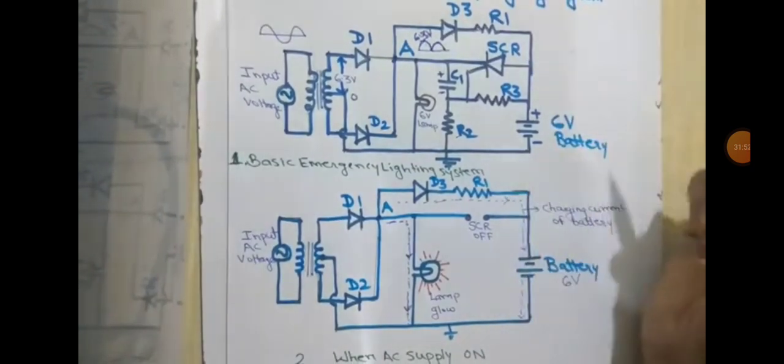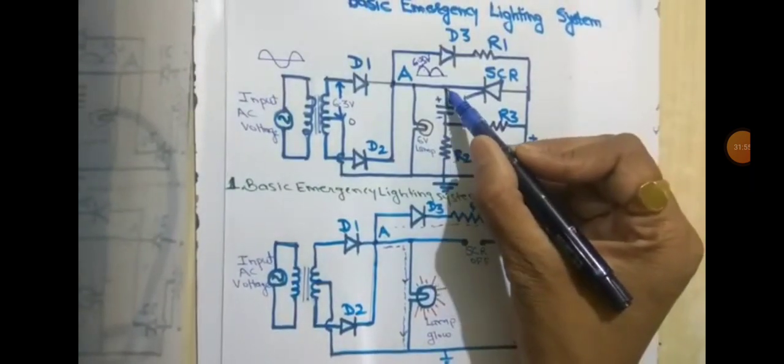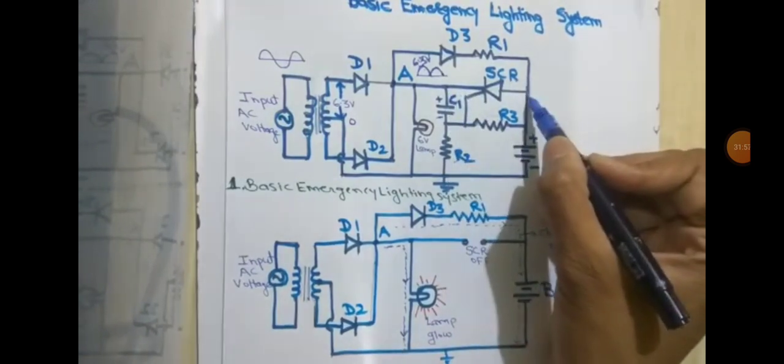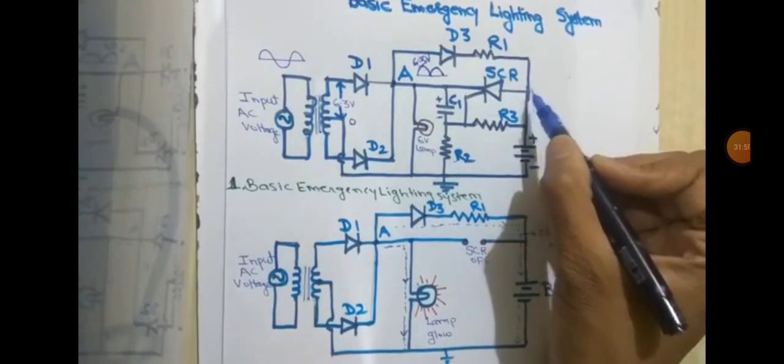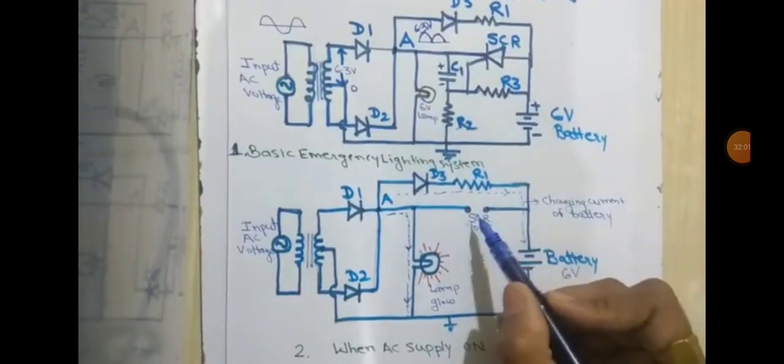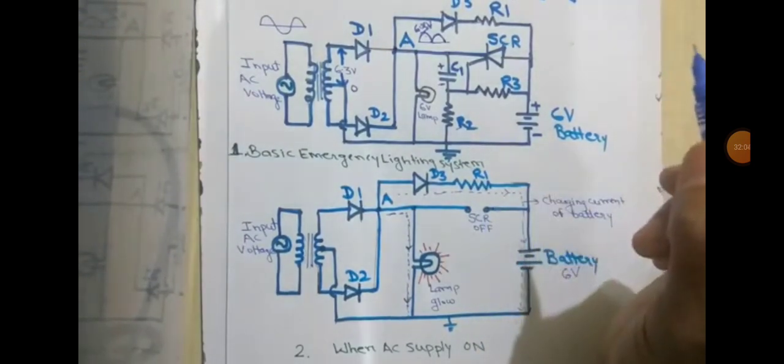But as the cathode voltage is at a higher positive potential than the anode voltage, because of this reason the SCR is off. Here we use the positive potential concept.